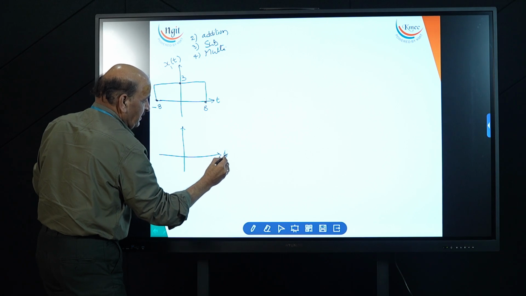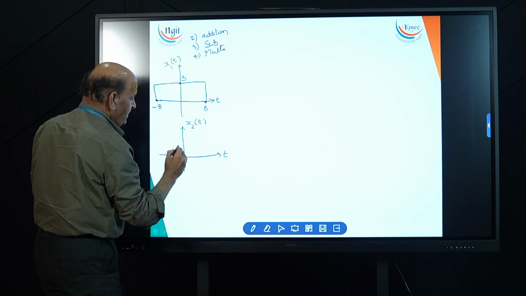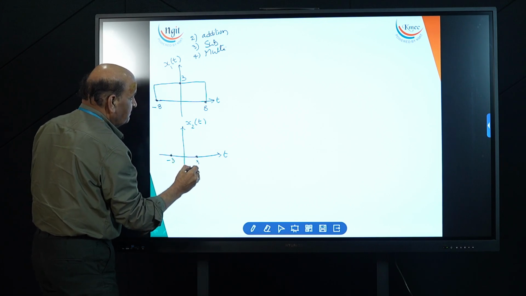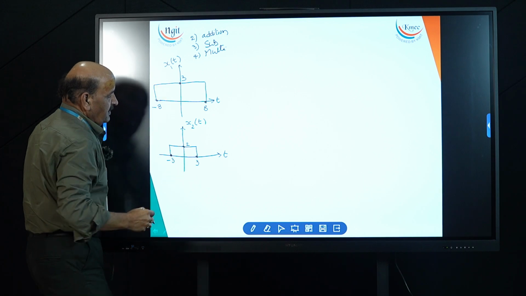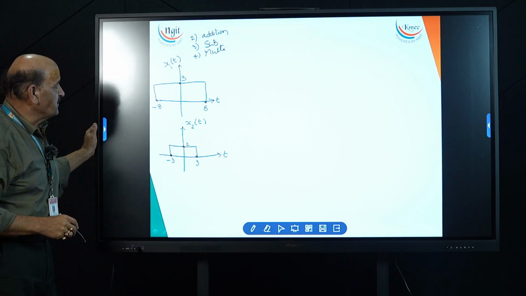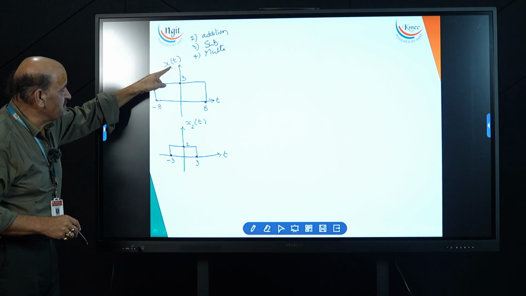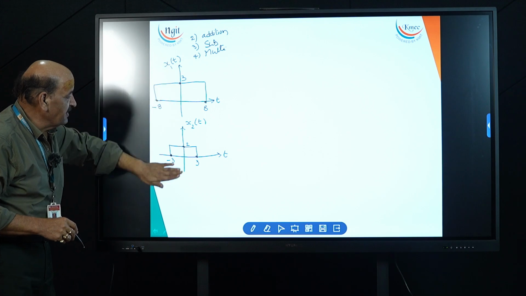The second signal we make it as x2 of t. It is, for example, -3 to 3 with amplitude 2. Look at. These 2 signals are given. Here amplitude is 3 in the first signal. Amplitude is 2 in the second signal. These 2 signals are given.